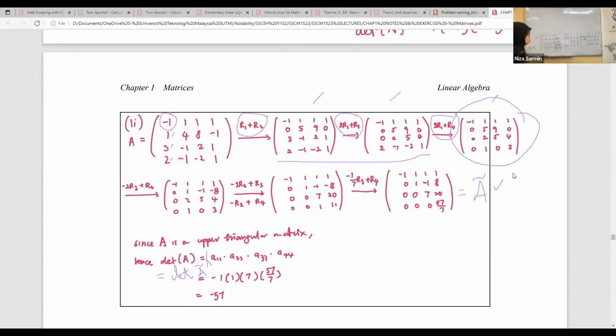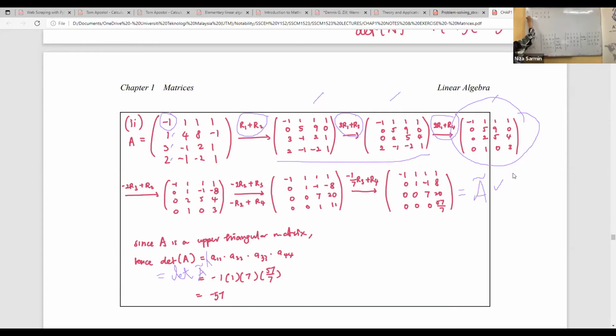Okay, so to copy, copy negative, yeah. Okay, negative 1, 1, 1, 1. Okay, copy 0, 1, 0, 3.